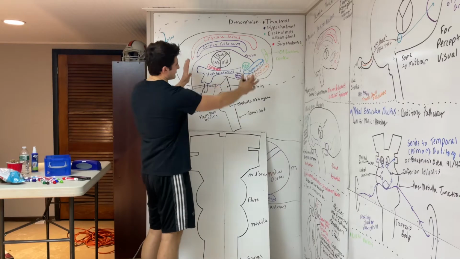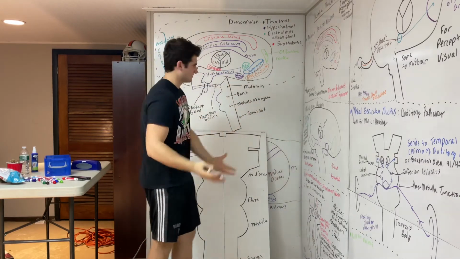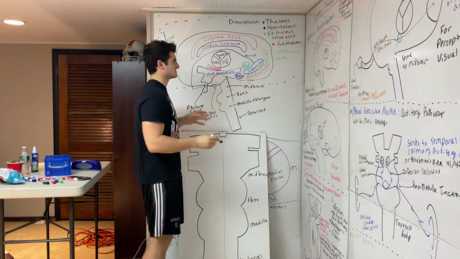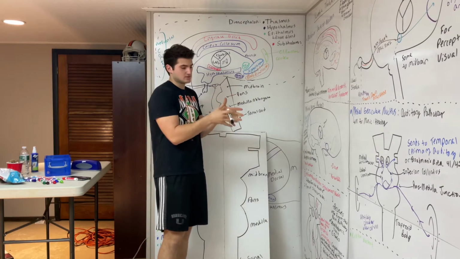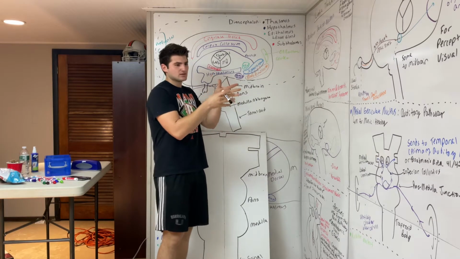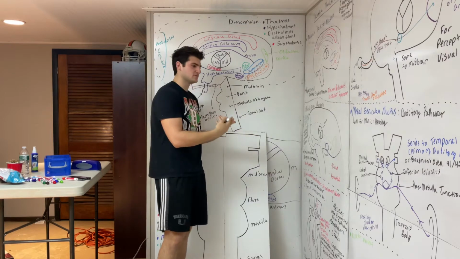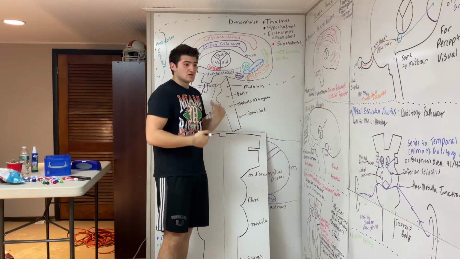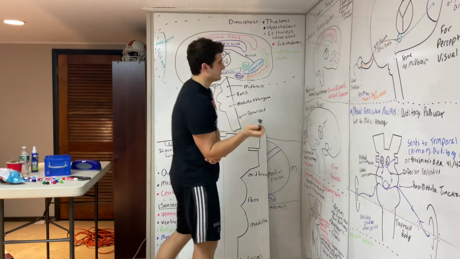So this area right here, I know it looks like the actual cerebrum, the brain with the different lobes. It's not. It's going to be the diencephalon mainly. The brainstem comes up, right? It goes to the midbrain, and then it finishes with the diencephalon, where the thalamus is, hypothalamus, pineal gland, epithalamus, etc.